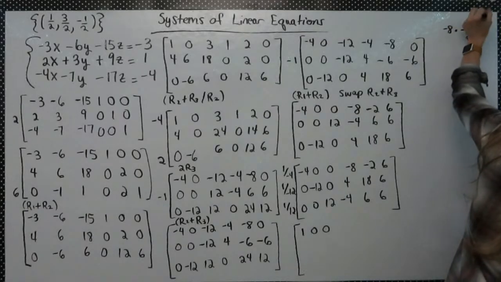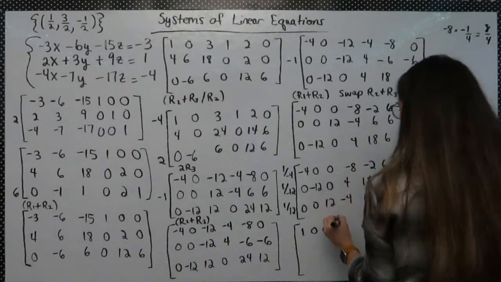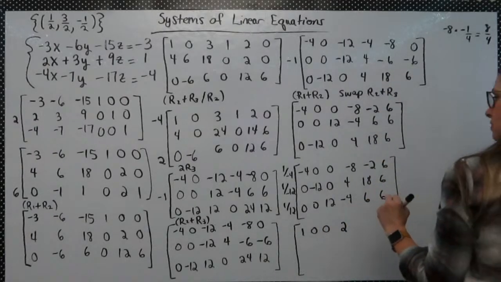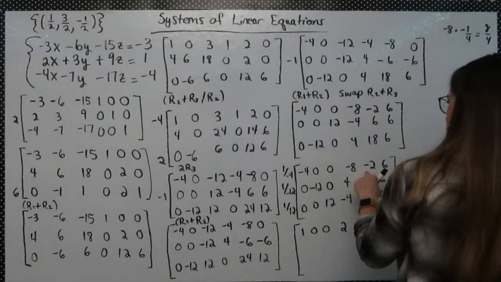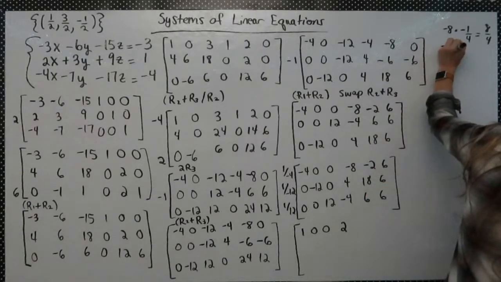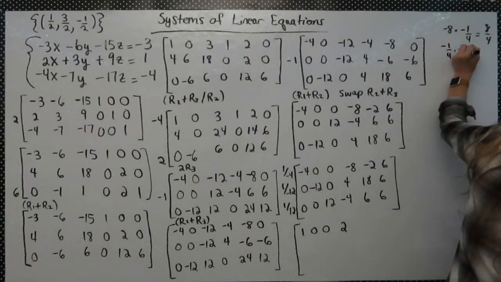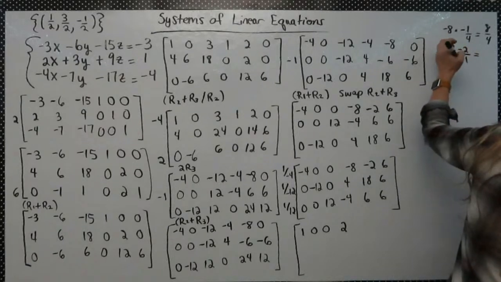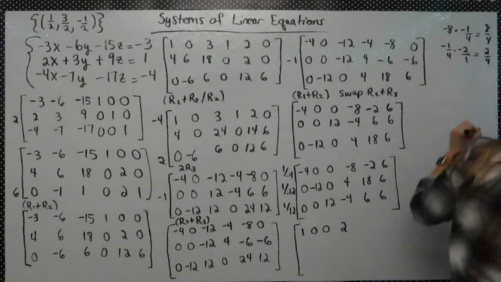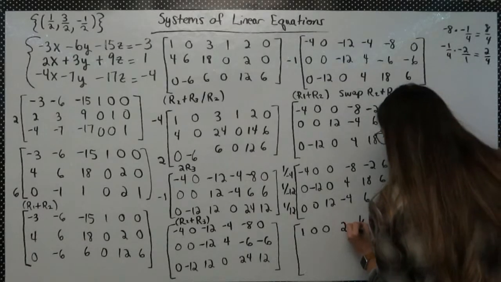That is going to equal +8 over 4, which is 2. And then we've got -1/4 times -2. Well, that's going to equal +2 over 4, which will reduce down to 1/2.